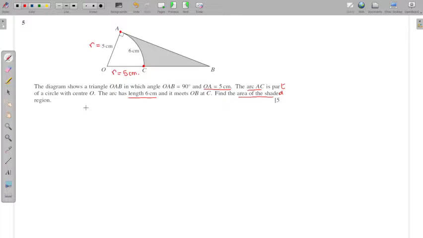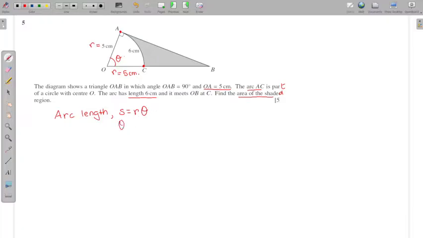So we have been given the radius and we have been given the arc length. So we can easily find out this angle by using the formula for arc length of a sector. And what is the formula for arc length of a sector? So the formula is S is equal to R theta, and this theta must be in radians.